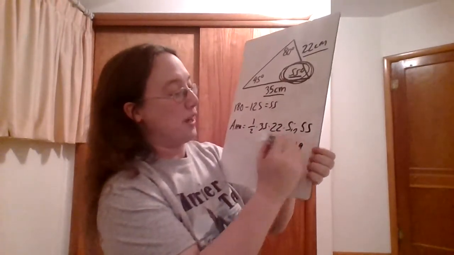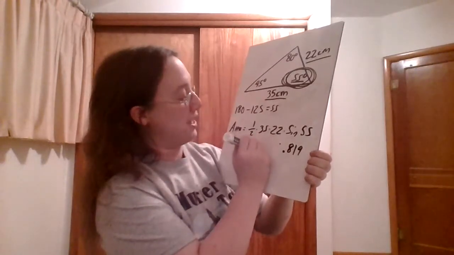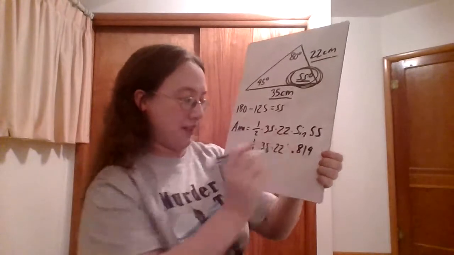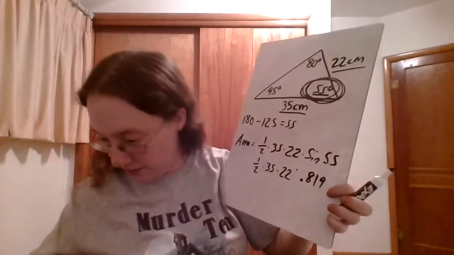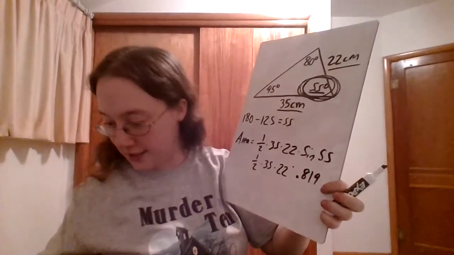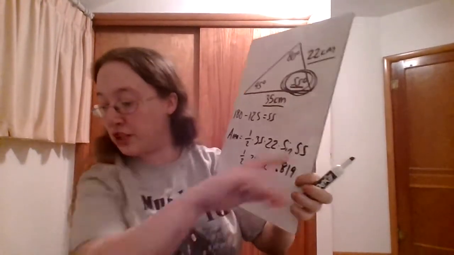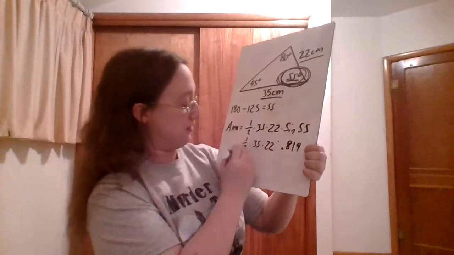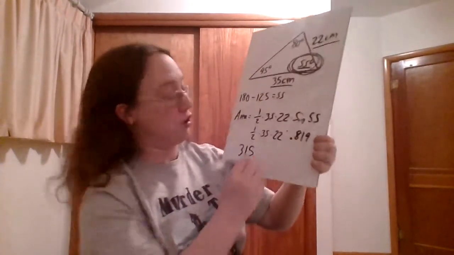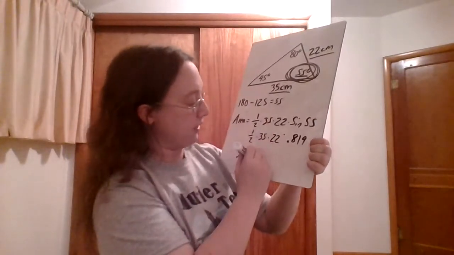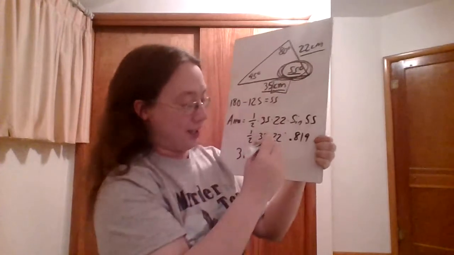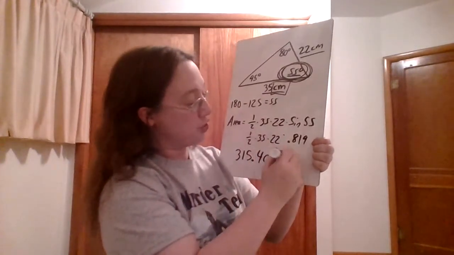If it didn't give you that, double check and make sure your calculator is in degrees. Alright, and then we're going to take that times 22 times 35 times 1/2, 0.5 if you don't like fractions, which gives about 315.4-ish. Alright, and since we started off in centimeters, we're going to end up in centimeters squared.